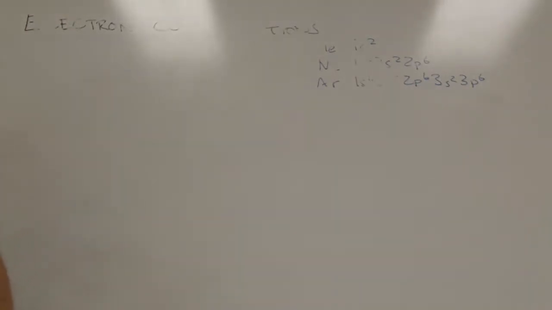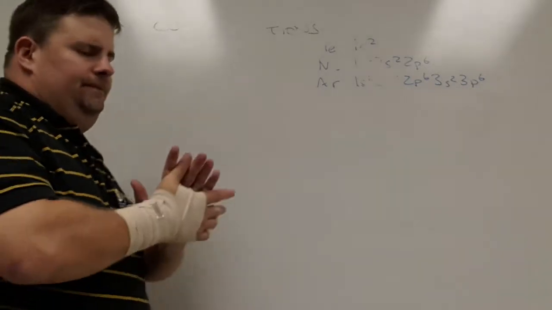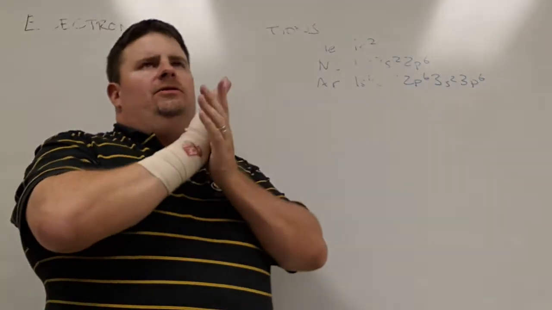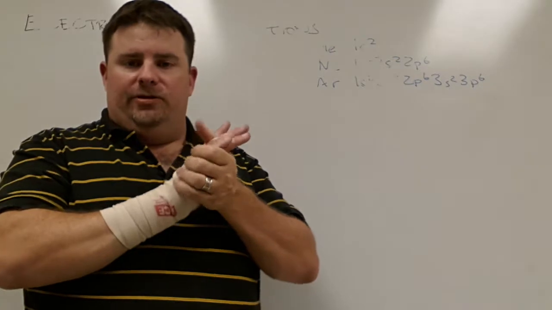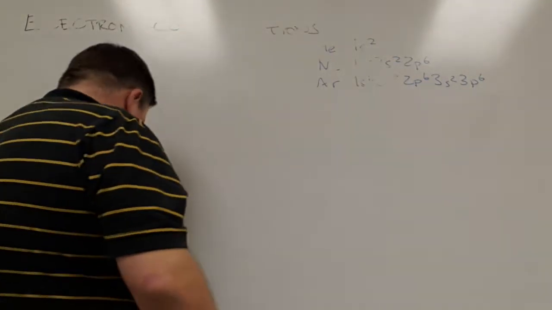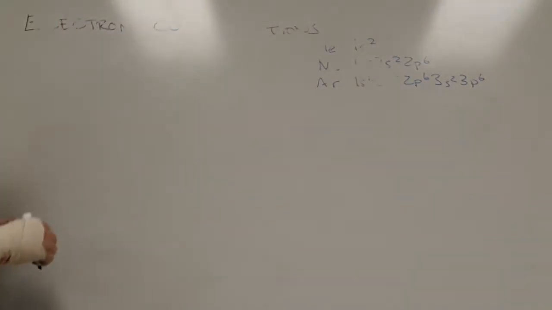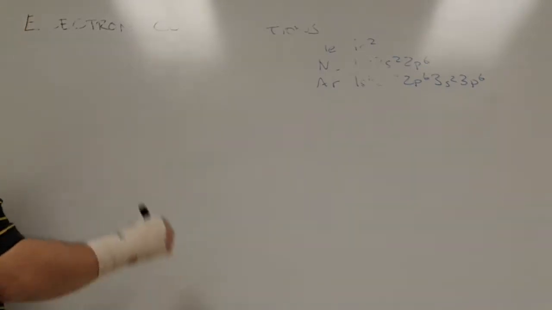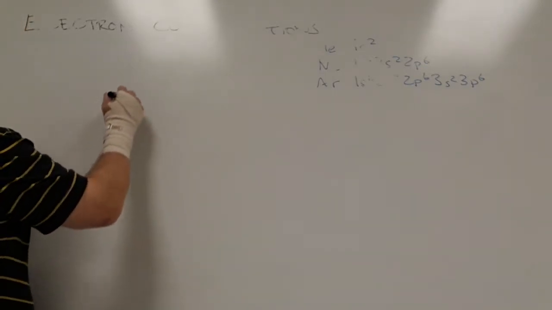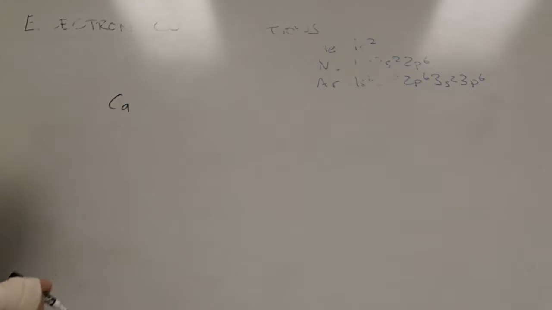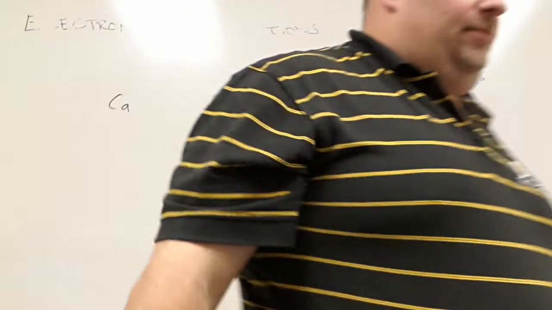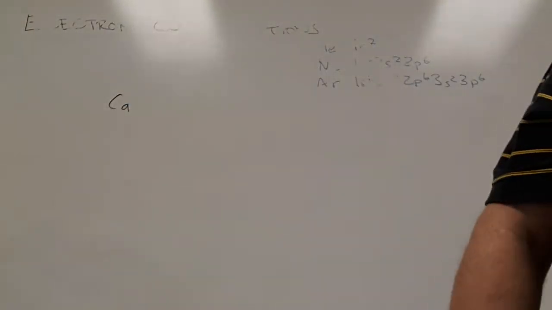All right. So there's the basics of electronic configurations. Let's do just some examples in the time that we've got left. So you know what these are. All right. Let's do calcium's electronic configuration. If you look at a periodic table, you can go ahead and pause and look at a periodic table if you want.